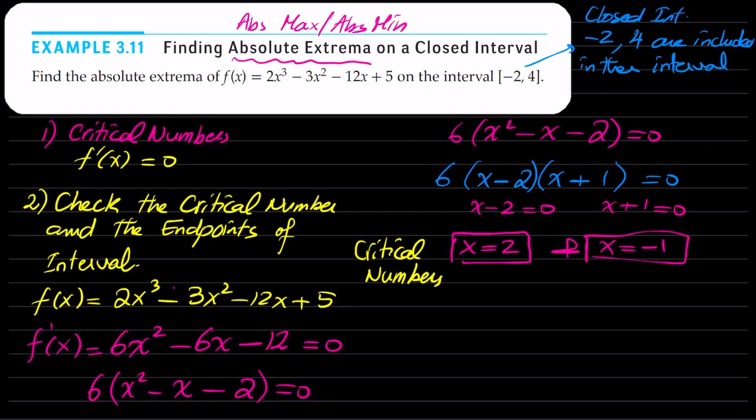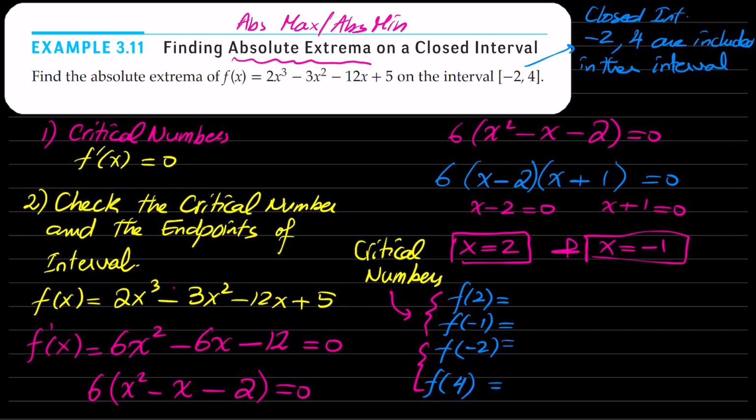So we need to check f of 2, f of negative 1, f of negative 2, and f of 4. The first two we got from the critical numbers, and the second two we got from the closed interval. If the interval is closed, we just include them.